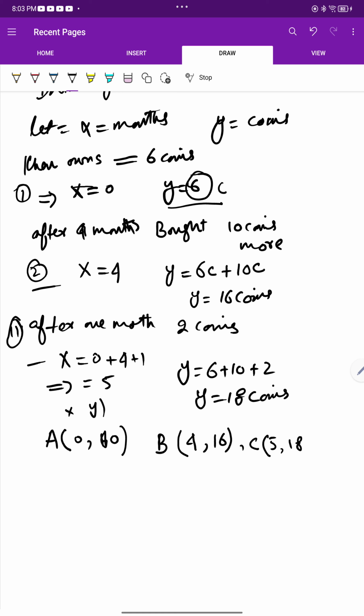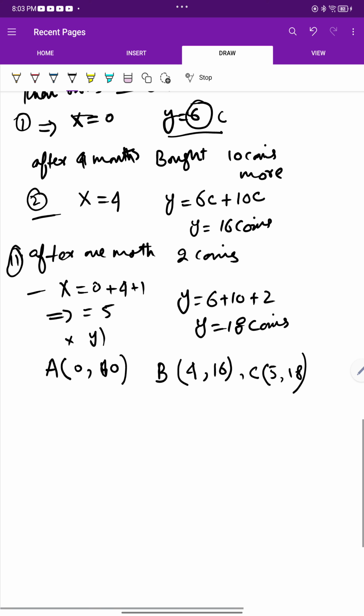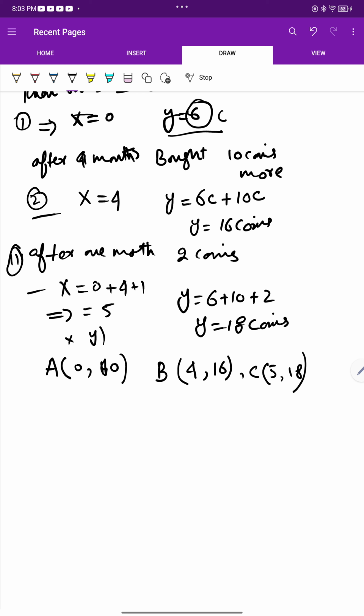So we got three coordinate points. How are we going to draw it? Let's draw the graph. This is the x axis, and this is the y axis.